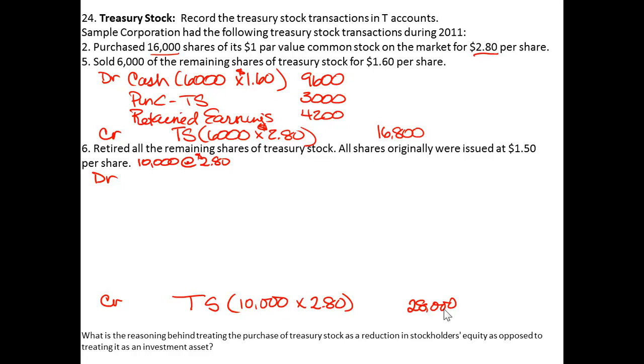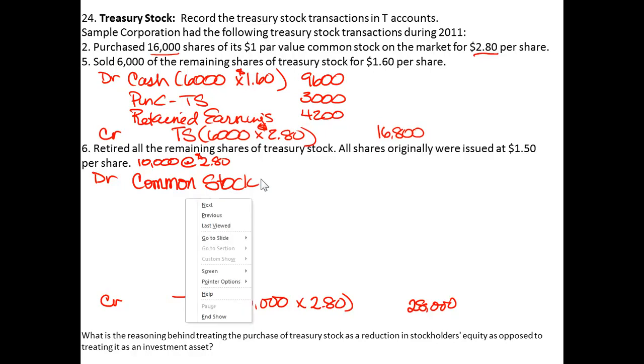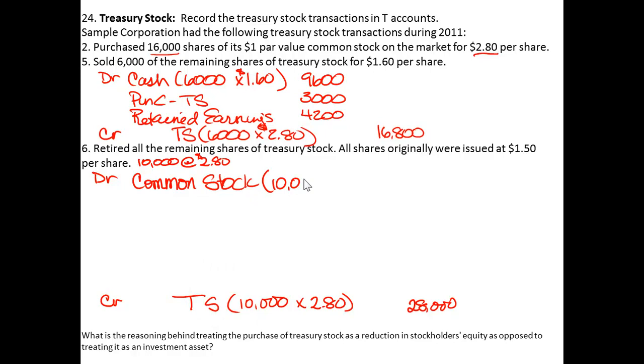Also, if there was paid-in capital still on that Treasury stock, we would debit the remaining balance to get rid of it. But the other thing we have to do is, if we're retiring the common stock, we need to eliminate that common stock and its IPO paid-in capital. So common stock, we have 10,000 shares. And remember, common stock is always at its par value, and its par value is $1. So we will debit common stock for $10,000.